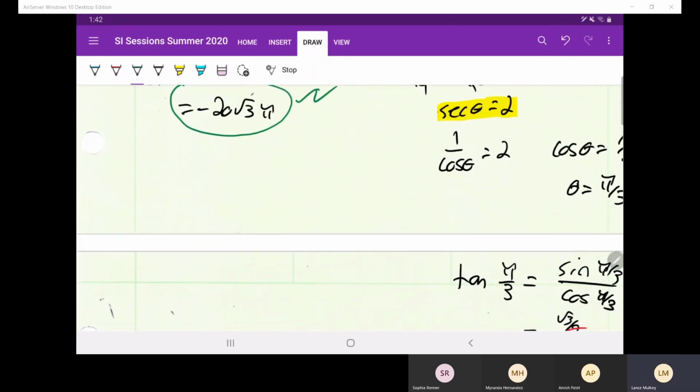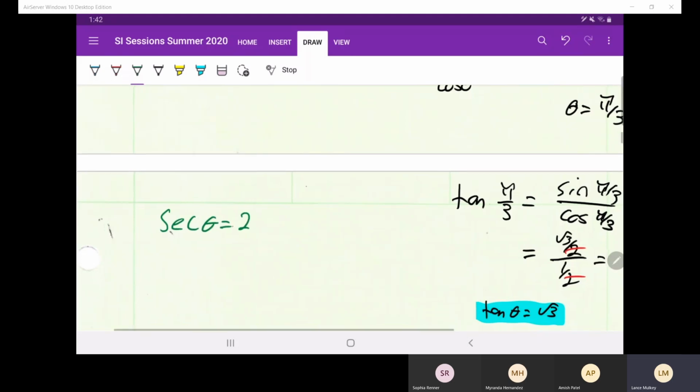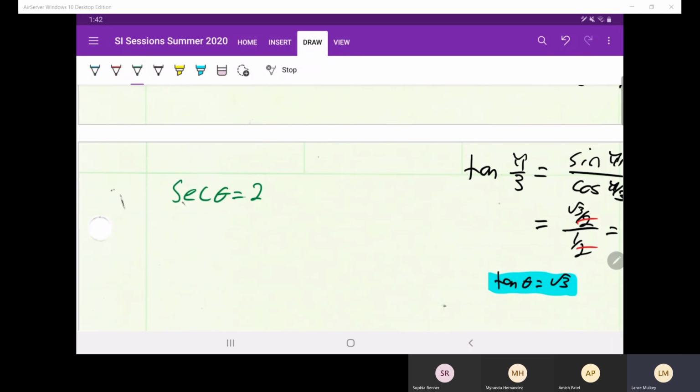All right. So what he did is he knew what secant theta equals 2. He solved for that. So he needed an equation where he only had one unknown. So he chose the Pythagorean theorem.